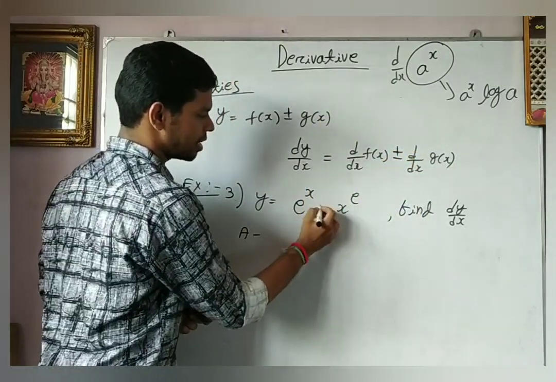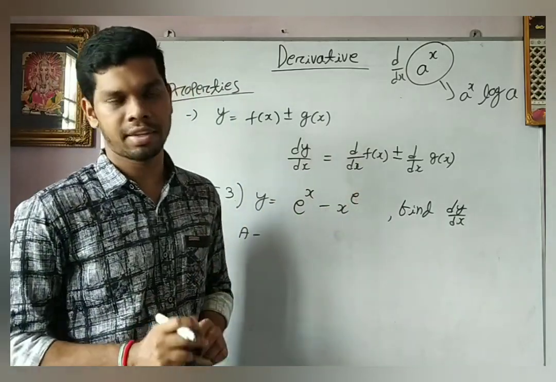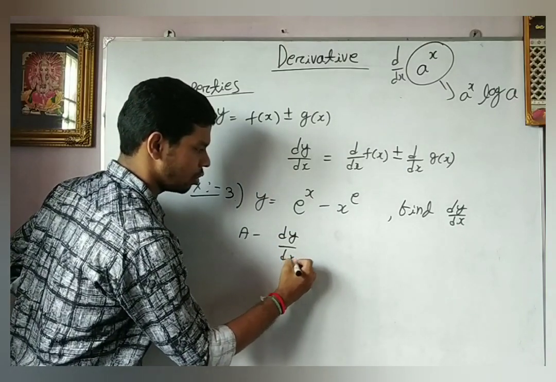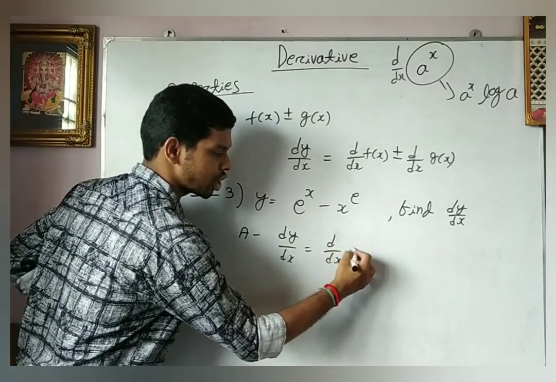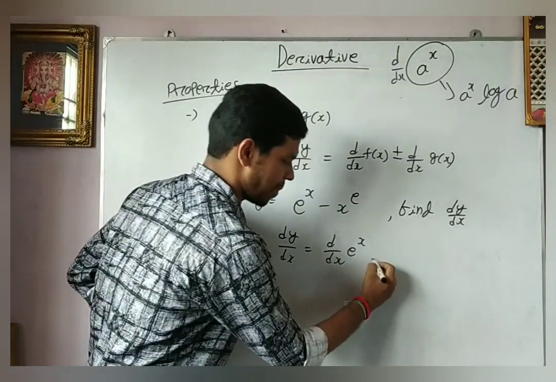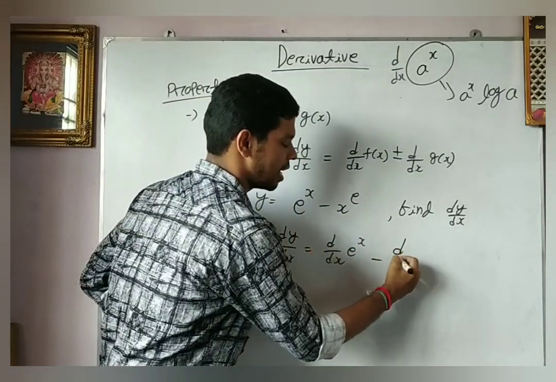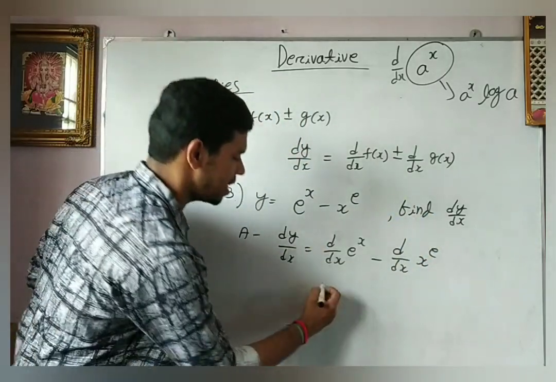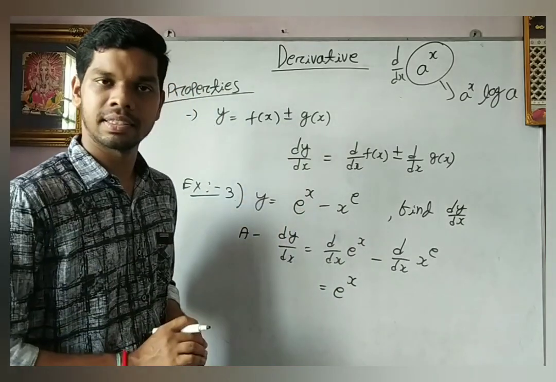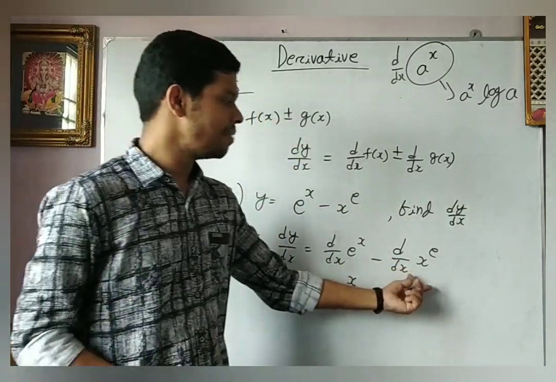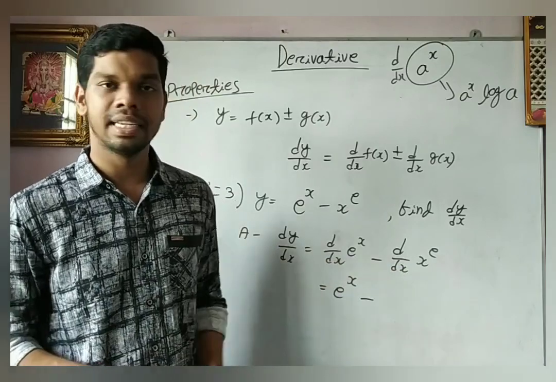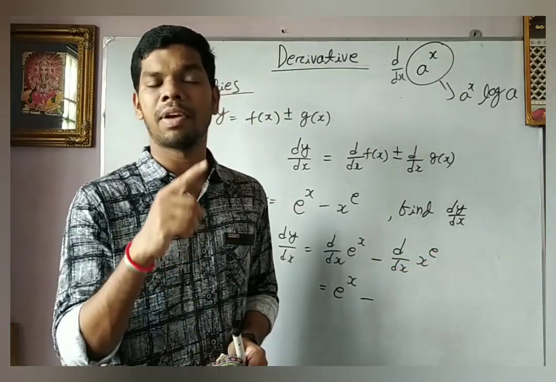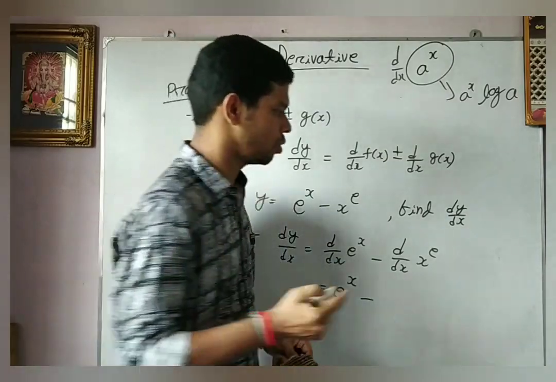Suppose third example is e to the power x minus x to the power e. Find dy by dx. So dy by dx equal to derivative of first function minus, because it is minus, derivative of second function, and derivative of e to the power x is e to the power x minus derivative of x to the power e. Here x is the variable, e means exponential function, and the value of e is 2.72.